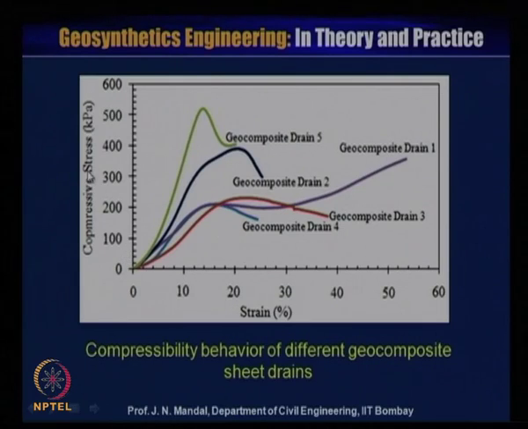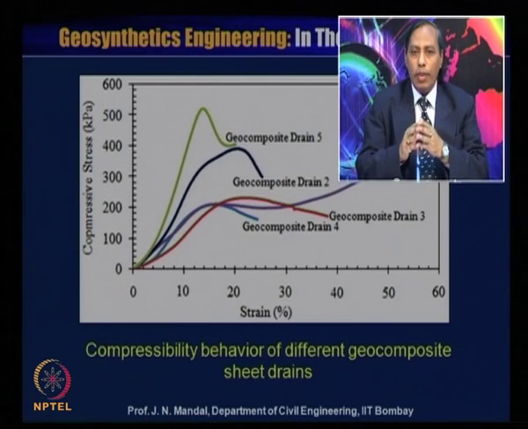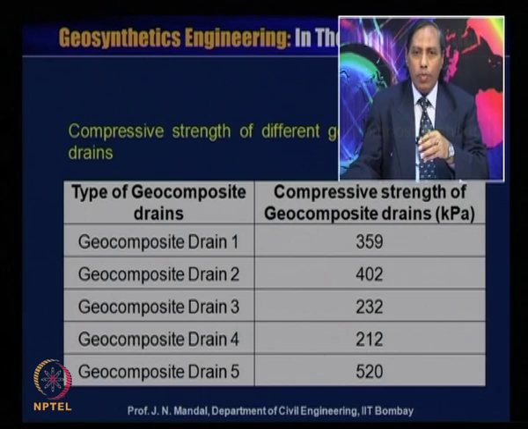Here is shown the compressibility behavior of the different geocomposite materials. This is the relationship between the compressive stress in kilopascal and the strain. You can see the different materials have different strain and also different compressive stress values. One should know what will be the compressive stress of this material. I am showing the next slide in the form of a table.